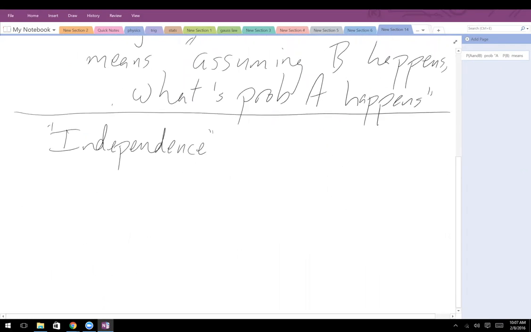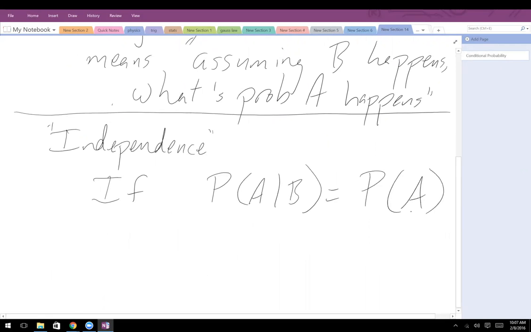So if the probability of A given B is the same as the probability of A, so nothing changed when I told you B definitely happens, then A and B are independent. Otherwise, they're dependent.